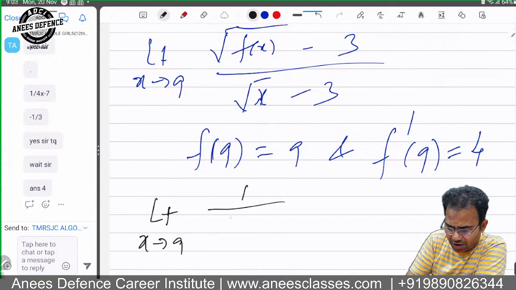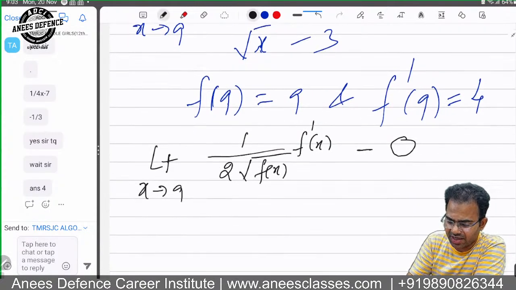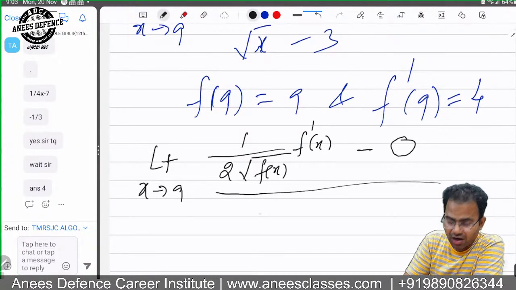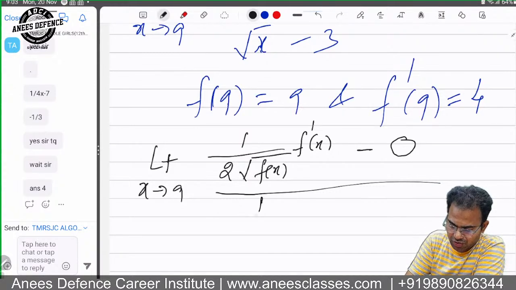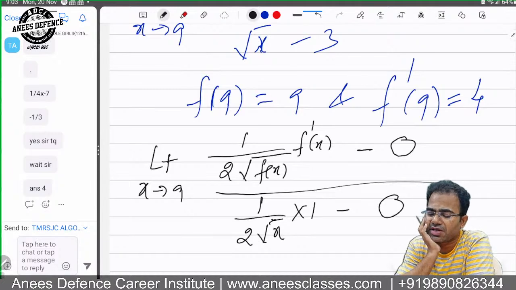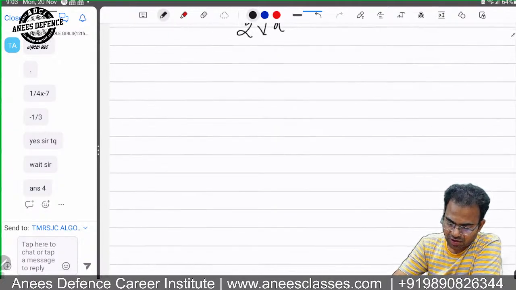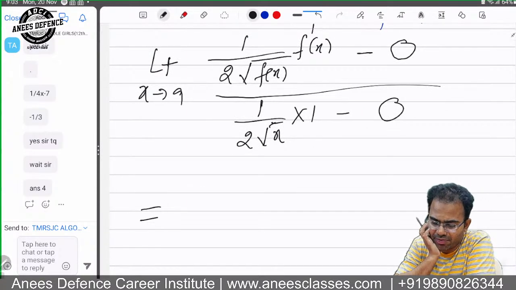So differentiation of numerator is 1 upon 2 under root f of x, and again differentiation of f of x is f dash x, minus differentiation of 3 is 0. Now differentiation of denominator is 1 upon 2 root x, and differentiation of x is 1, and differentiation of 3 is 0. So the 0 by 0 form is removed now.